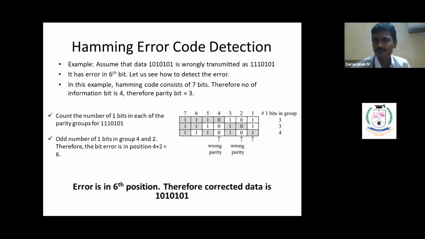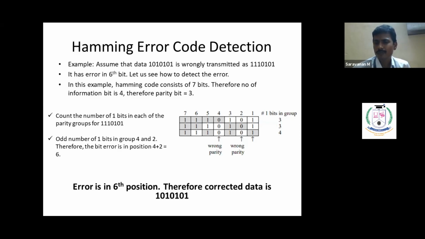Now out of these three parities, that is parity bits 4, 2 and 1, since we are applying even parity here, parity bit 1 is correct, that is, we are getting an even number of ones, 4, whereas for parity bit 4 and parity bit 2 we are getting it wrong. Instead of an even number we get an odd number, 3. So positions 4 and 2 are wrong parity and position 1 is right parity.